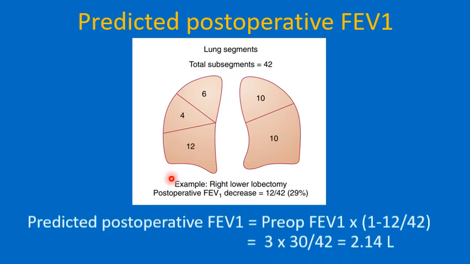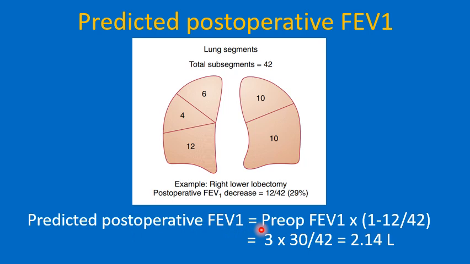The predicted postoperative FEV1 is equal to the preoperative FEV1 of the patient times 1 minus the number of segments to be removed divided by total subsegments. If the preoperative FEV1 is 3 liters, times 1 minus 12 by 42, that is 30 by 42, that comes to 2.14 liters, which is very well above the required value. So this patient can undergo right lower lobectomy.